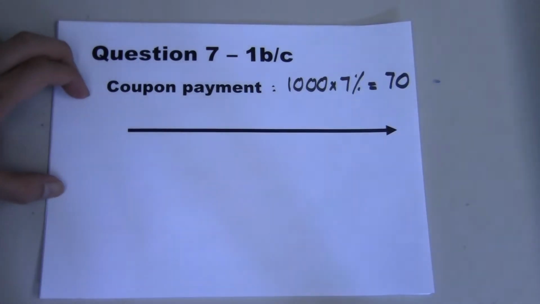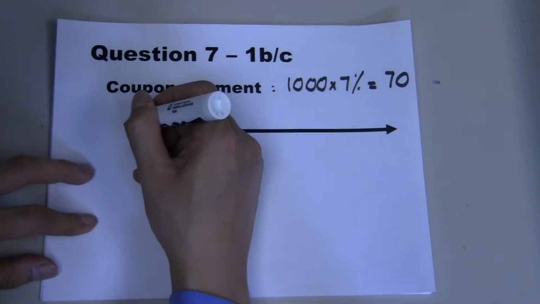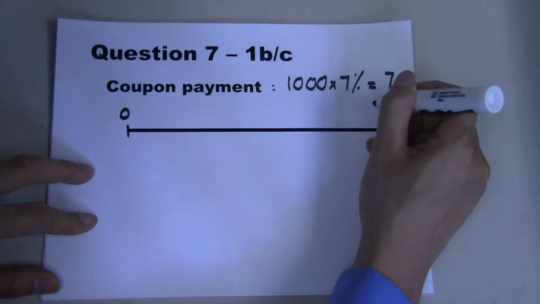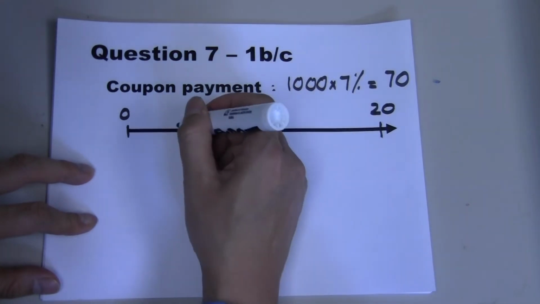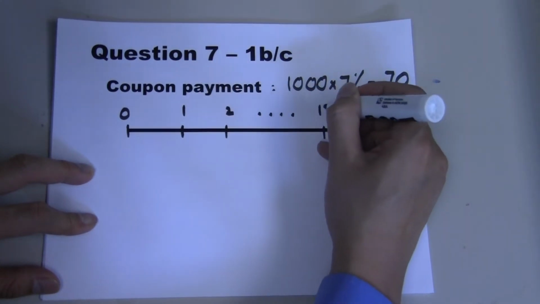$70. In the timeline, we are here at time 0, and this bond matures in 20 years. So year 1, 2, all the way to 19 and 20.